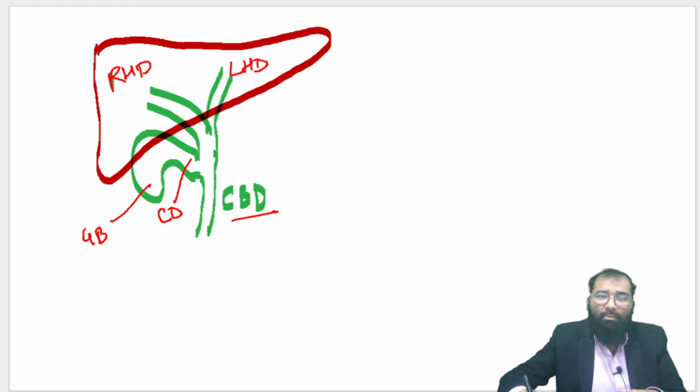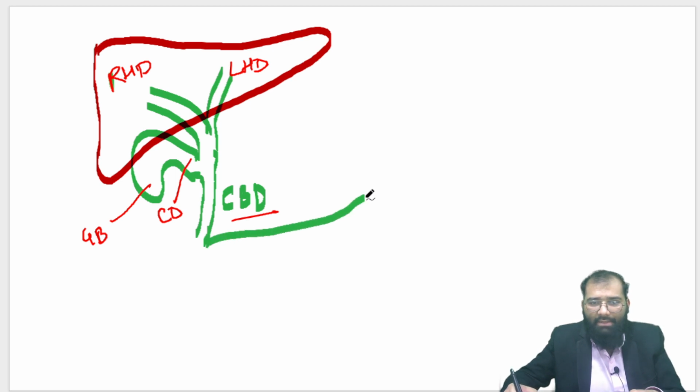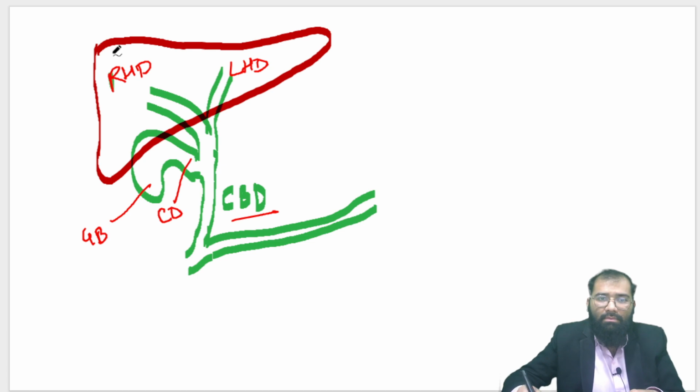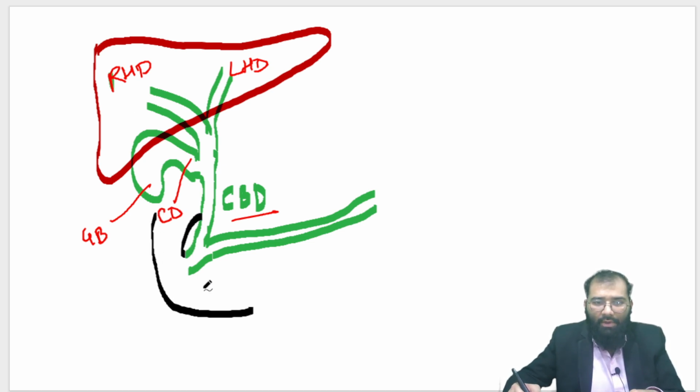Now, furthermore, the common bile duct merges with the pancreatic duct to form the pancreaticobiliary duct, which then opens in the second part of the duodenum.